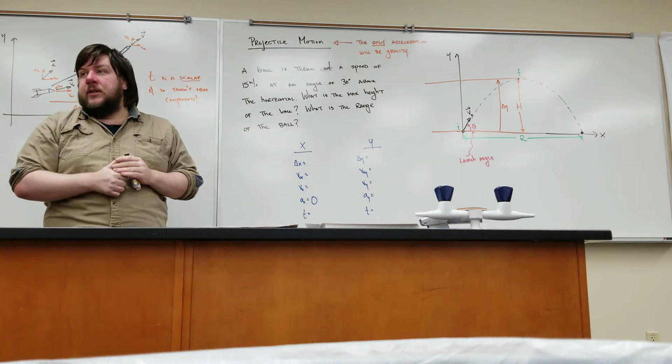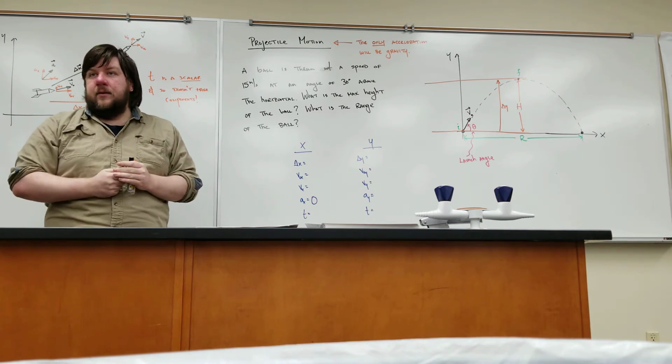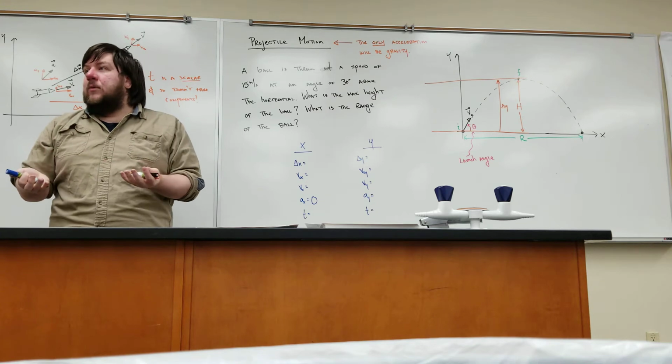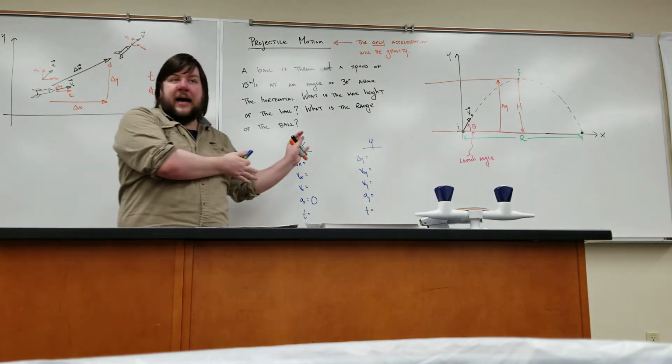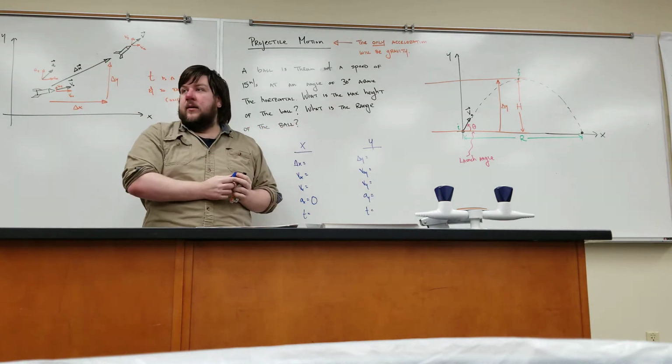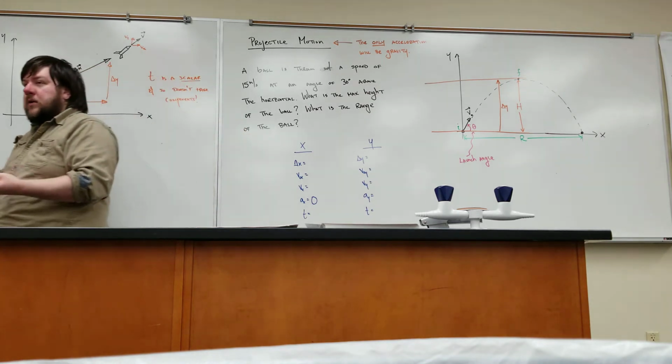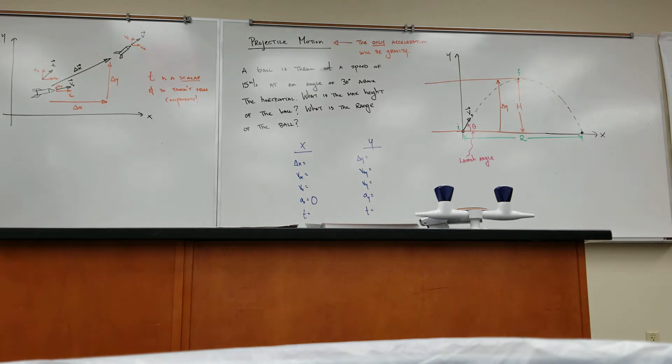Where do we get 10 from? Gravitational acceleration. I always use 10. Would it be 9.8, 9.81? 9.81 if you want to be really accurate about it. In class, I've been using 10. You guys can use 9.81 if you want, but ultimately 9.81 is an approximation anyway. I prefer to use 10 because it just makes the math on the board easier.